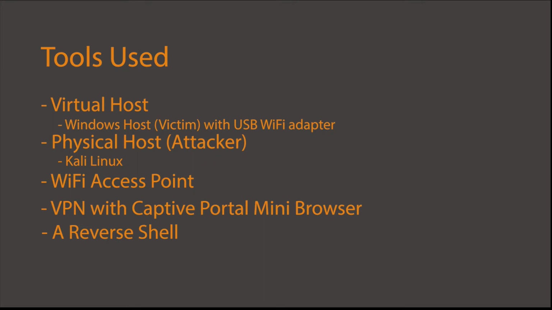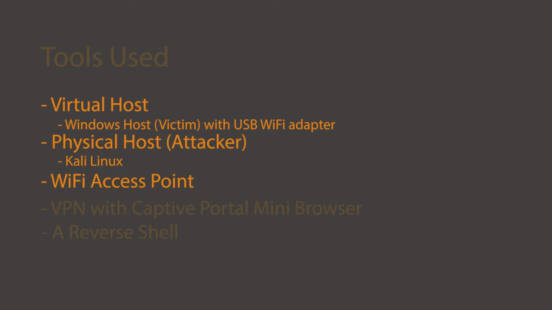So just to demonstrate, we can do something like this. Tools that we're going to need are the following. You'll see there's a couple listed here, but it's not that complicated for now. We're going to just focus on our hosting environment. We've got a virtual host, which is our Windows host sitting inside a virtual machine, and it has actual physical access to a real access point using a pass-through USB Wi-Fi adapter. We have a physical host for our attacker, which is in this case a Kali Linux box that sits outside and is also connected to the same Wi-Fi access point.